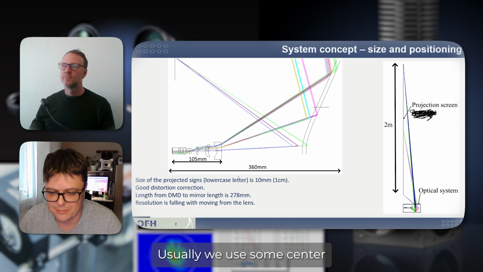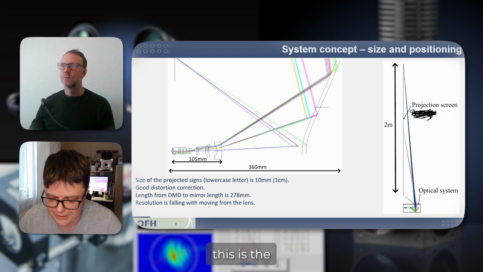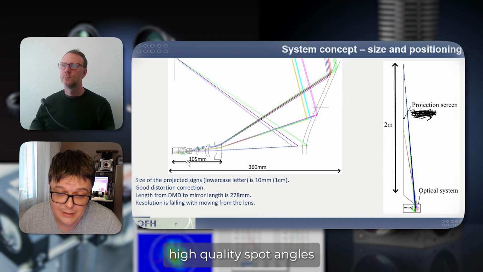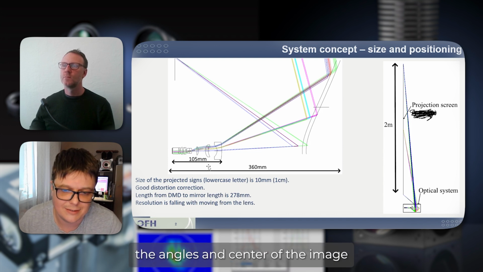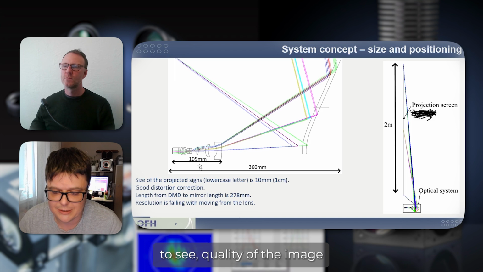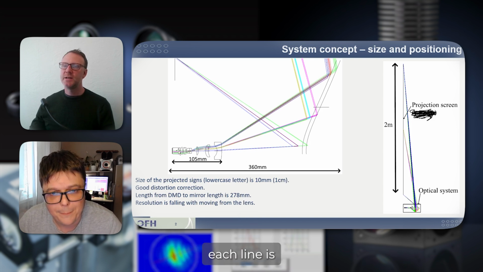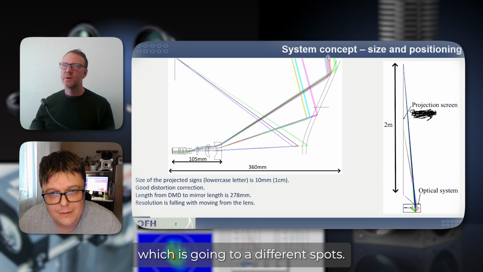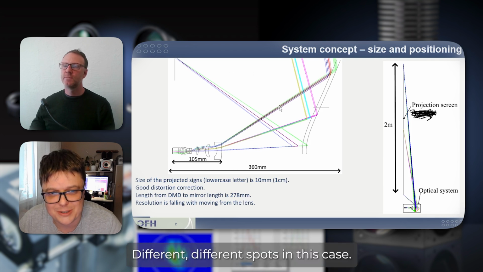Usually we use some center spot in the center. As a rule, this is the higher quality spot. Angles and some spots around between the angles and the center of the image to see quality of the image in these spots. Because each line is a different part of the display, which is going to a different location. Yeah.